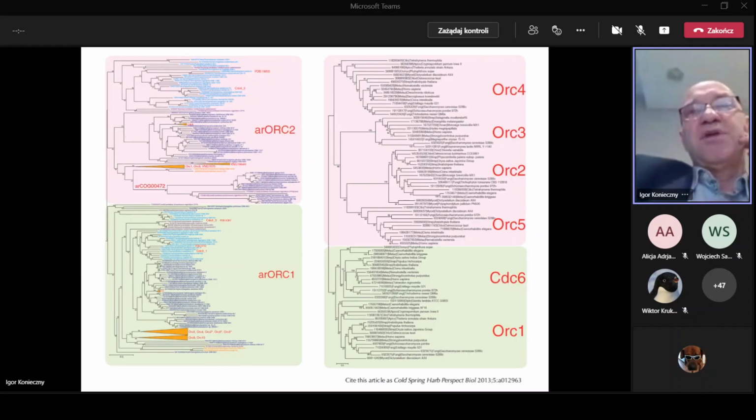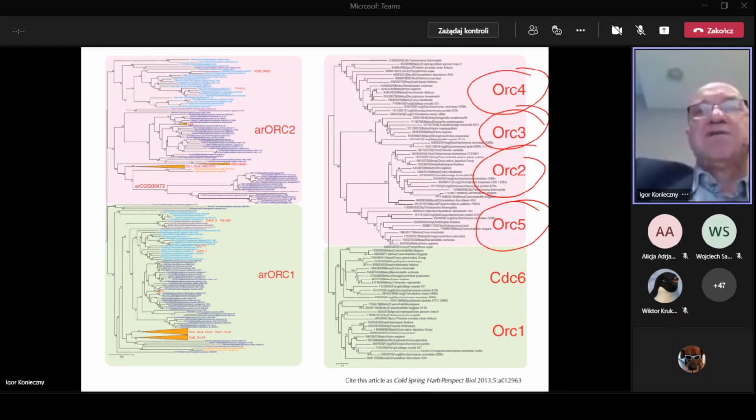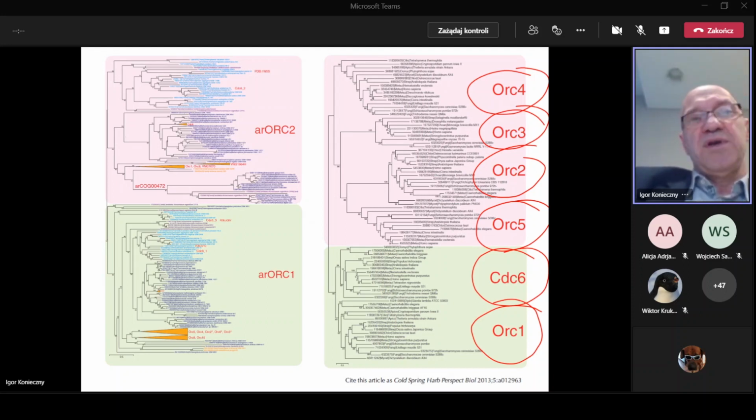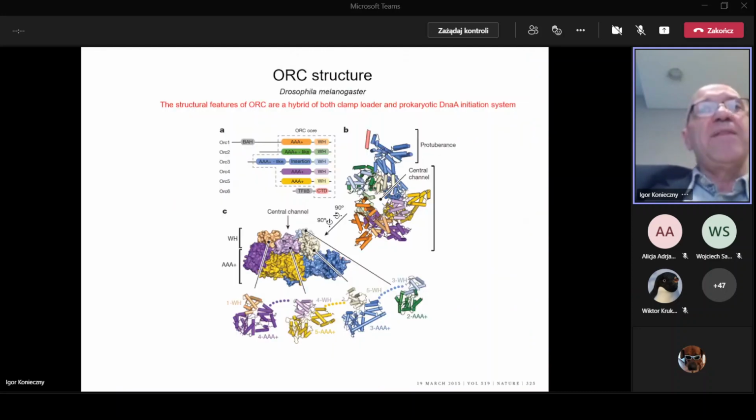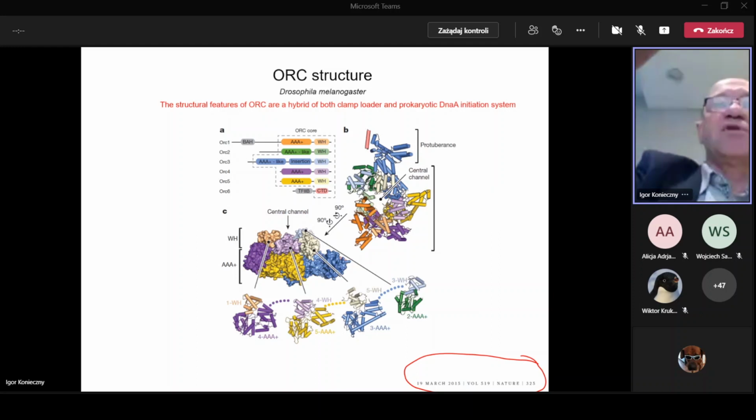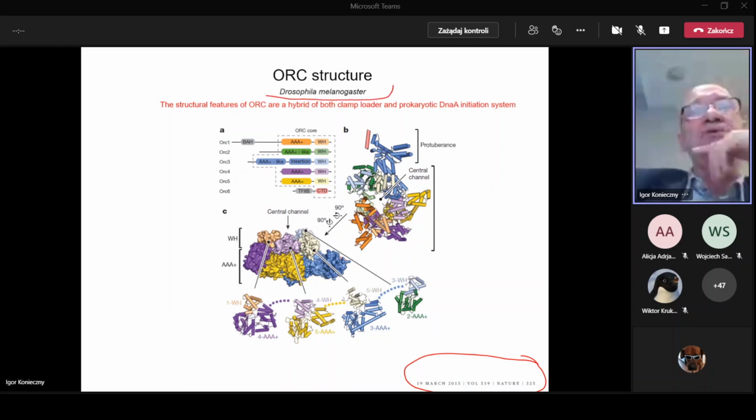And this is just a phylogenetic tree: ORC4, ORC3, ORC2, ORC5, CDC6, ORC1. So you see that they are related, and the phylogeny of those proteins is kind of complex. But there is one important thing. This is a Nature paper published in 2015, when the origin complex from Drosophila melanogaster was reconstituted.